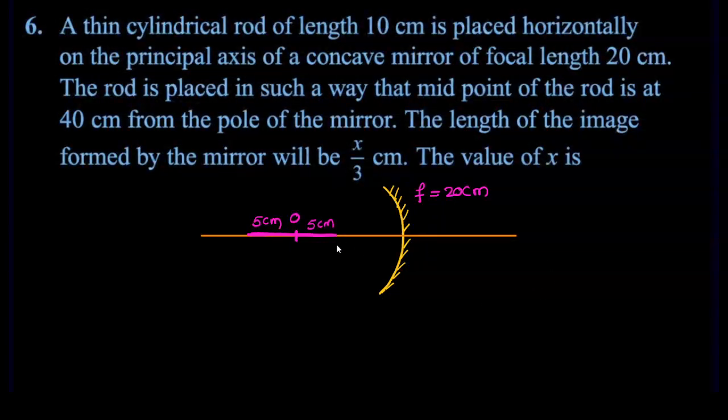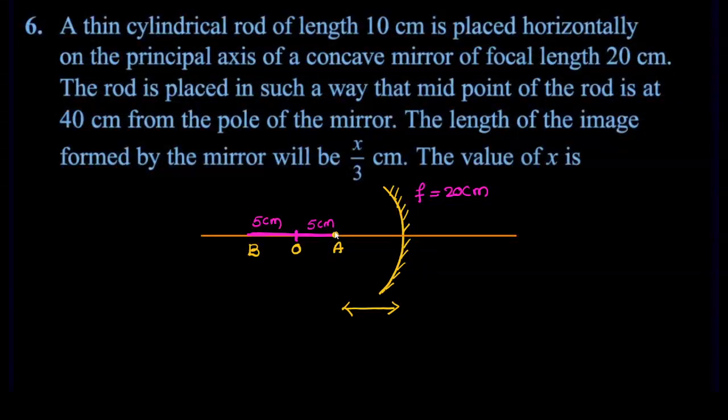Now we can take this point as A and this point as B. Now you tell me, this distance is how much? 35 centimeters. Yes, that's it. So this distance is 35 centimeters.